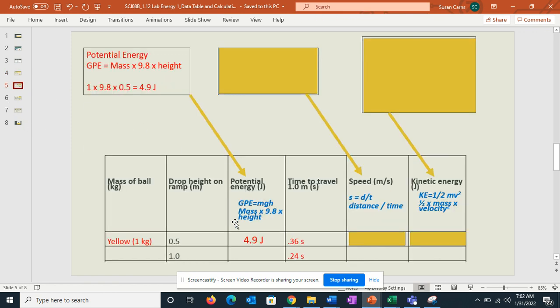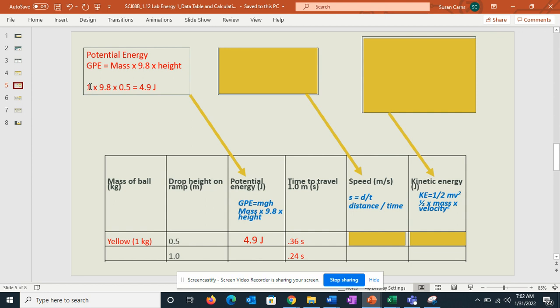All right, so we'll look at potential energy first. This is the third column of the data table, and we need to use this formula. GPE, that's the gravitational potential energy, equals mass times gravity times height. Now, gravity is a constant, that's always 9.8. So that's the value we'll use for G in this formula.